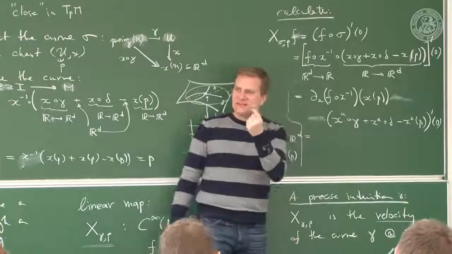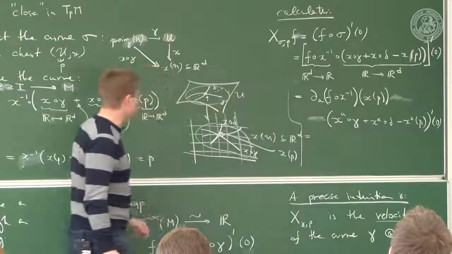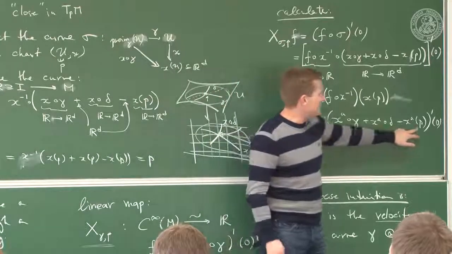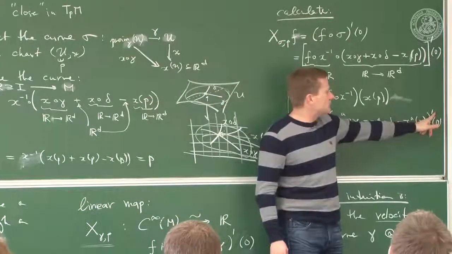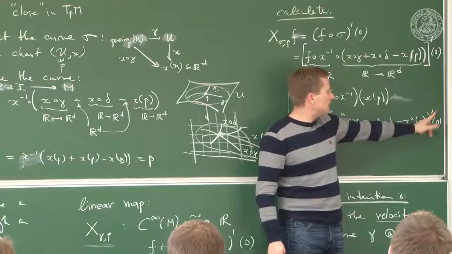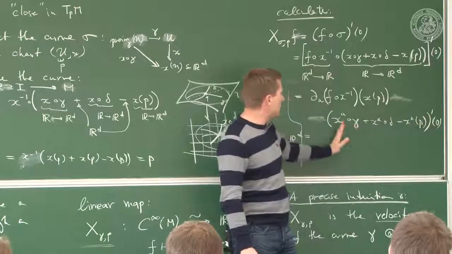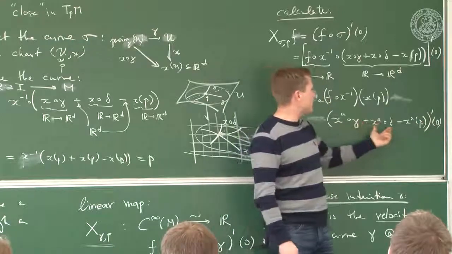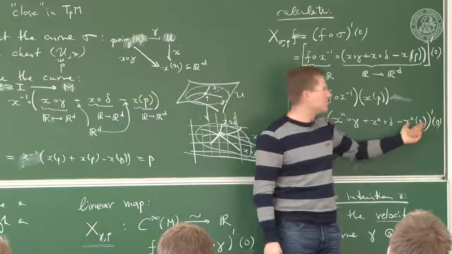So this is just the chain rule, okay? But now, and this is now the beauty of the derivative and what I was talking about before, this is just a sum in the chart. But now you derive it, and because you derive it, this derivative now is linear, of course, so it acts on every factor separately.